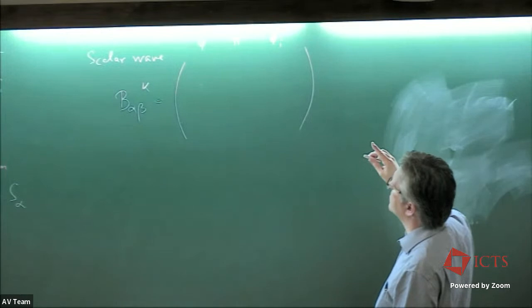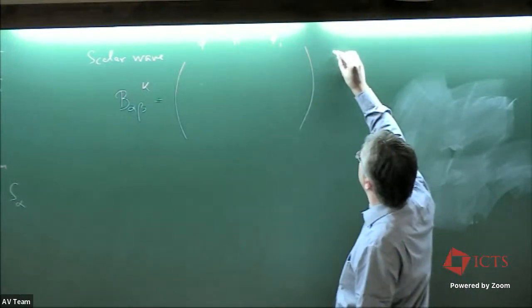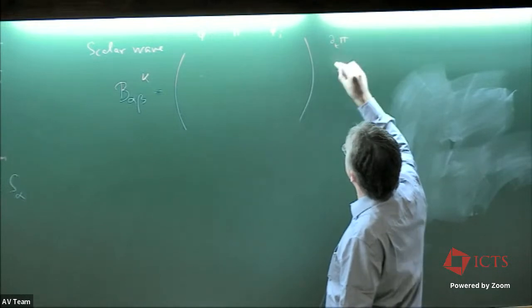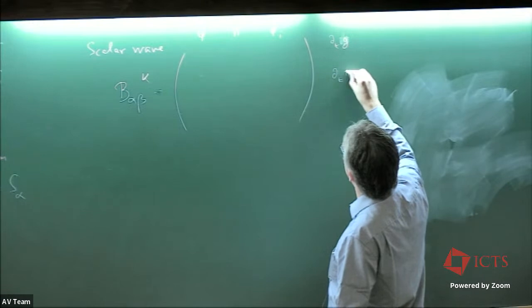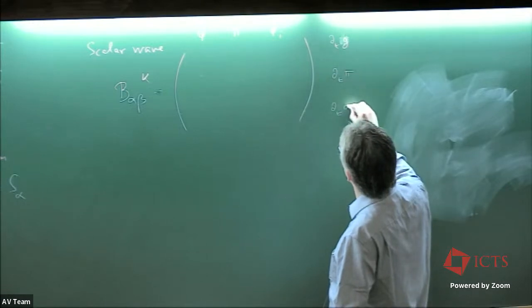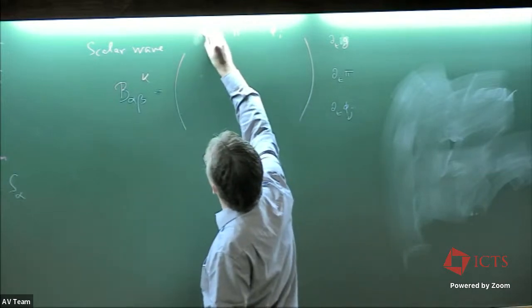Let me see which one is which. They will have columns for dt psi, dt g, dt pi, dt phi j. This one here is a g.